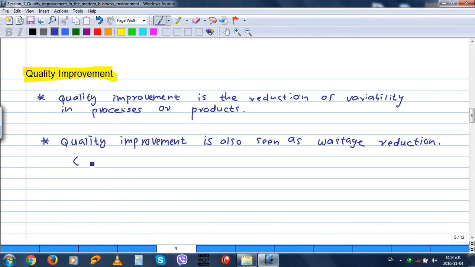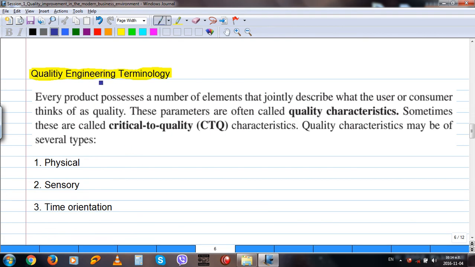Wastage means wasted money, wasted time as well as effort. This way we can improve the quality, and next we can think about quality improvement.